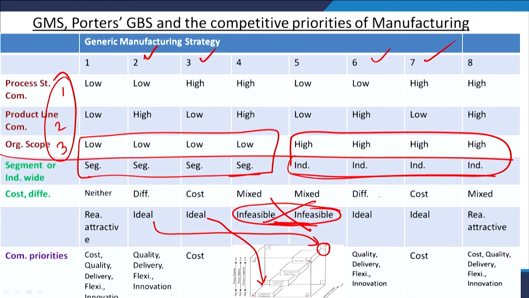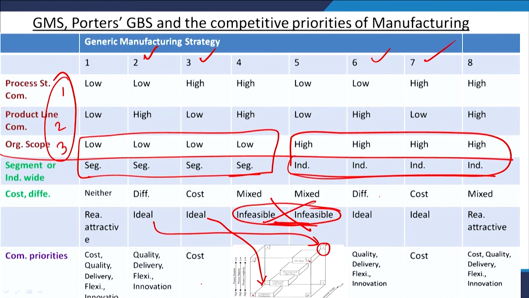So, you have 4 strategies, 2, 3, 6 and 7, which are our choice of the day, that these are the ideal conditions. So, out of 8, 4 are giving us generic manufacturing strategies which are suitable, which are ideal, and you can also see what type of order winners and qualifiers, what capabilities these strategies are providing to me.